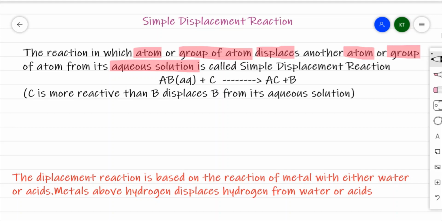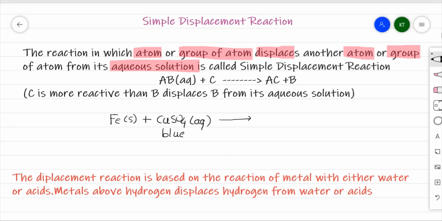I have Fe as a solid reacted with an aqueous solution of copper sulfate. So we know that copper sulfate is blue in color.